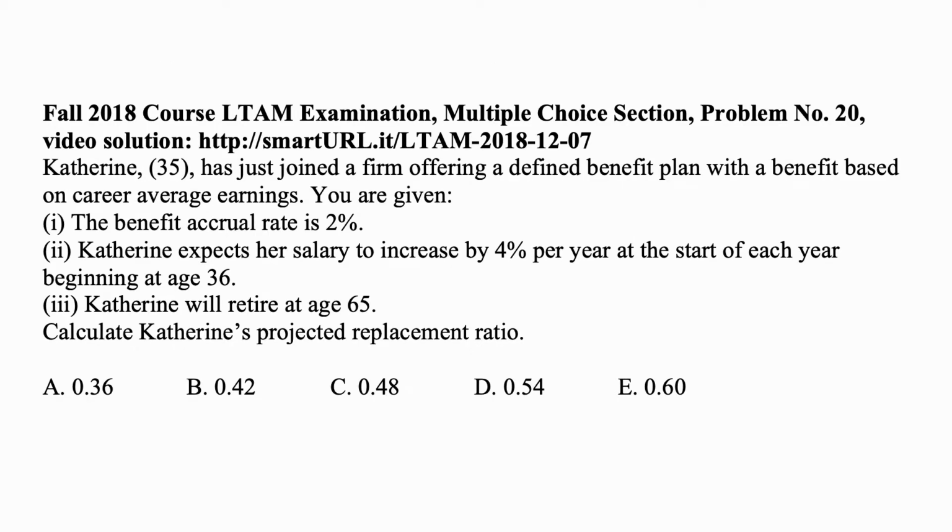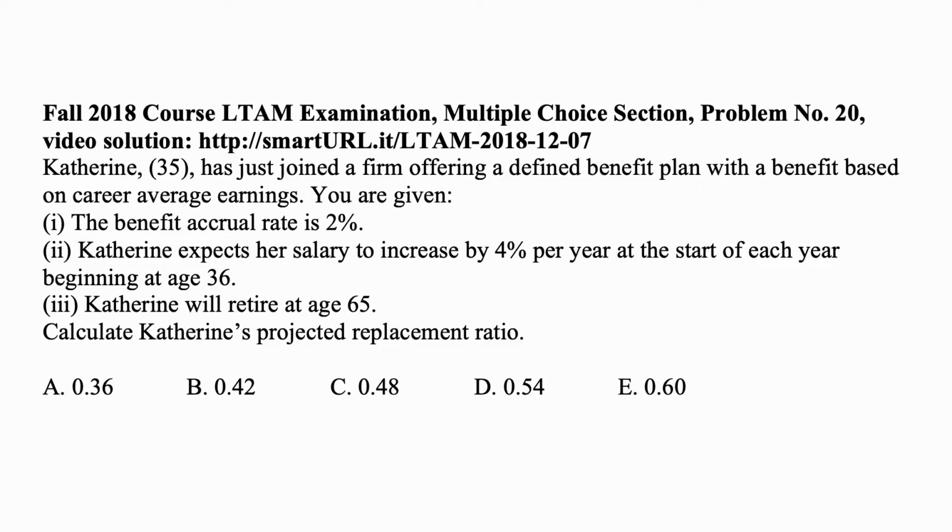Here's a problem for today. This is problem number 20 from October 2018 exam LTAM, which was, of course, the first time exam LTAM was offered. Catherine, 35, has just joined a firm offering a defined benefit plan with a benefit based on career average earnings. You are given the benefit accrual rate is 2%.